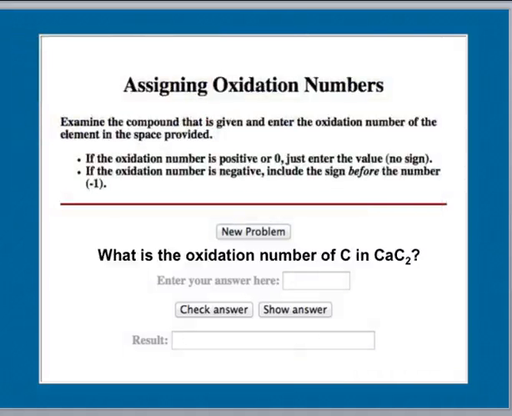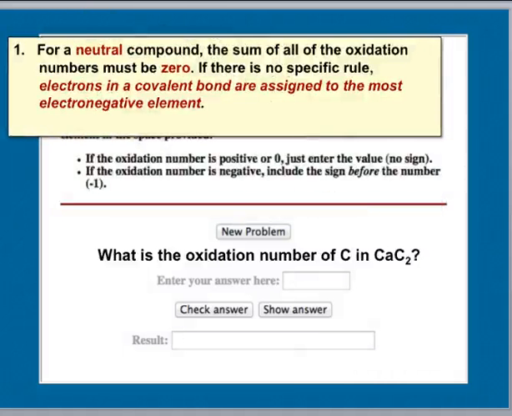Remember I was telling you about bankside cannons? How much fun they are? That's calcium carbide. How about carbon? There's no rule. So we have to do electronegativities. But here we have 2 carbons, they're bonded together, so they're the same, aren't they?